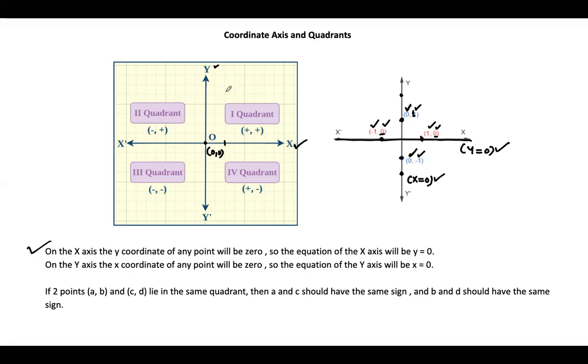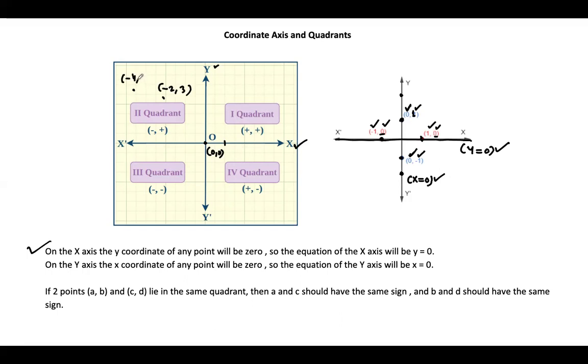The second point, let's say we are in the second quadrant. Give me an example of 2 points, Asit, that are in the second quadrant. Any 2 points. -2 and 3. Another? -4 and 1.